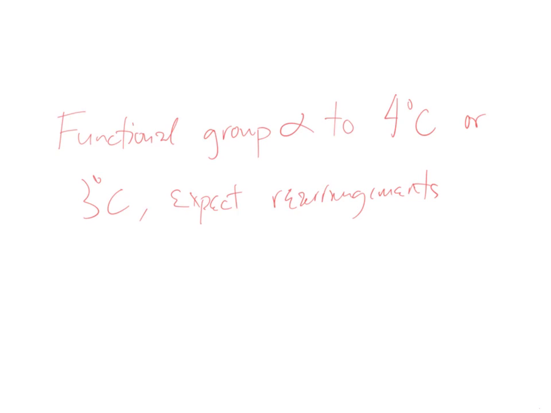So I like to always refer to, so for example, I refer to this as being the ground zero, which is not the technical term, but ground zero carbon, because it's the one that the functional group is attached to.